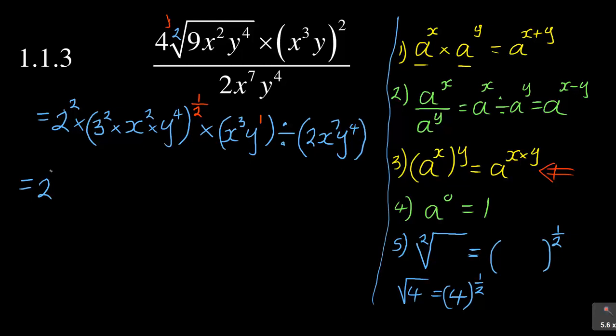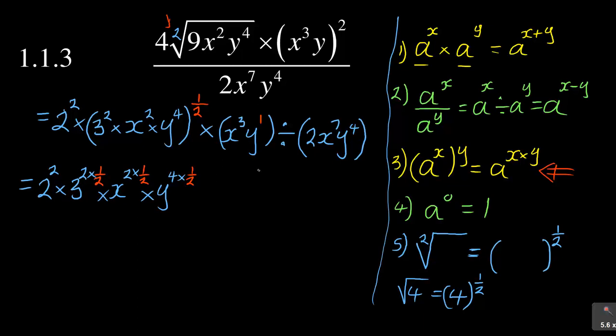So I've got 2 to the power of 2 times 3 to the power of 2 times, see the bracket there, that's where the half is going to multiply, times x to the power of 2 again, times the half that is being distributed. It's more like I'm opening a bracket, and then times y to the power of 4 again, times the half. So I think you can see how the half is being distributed across.